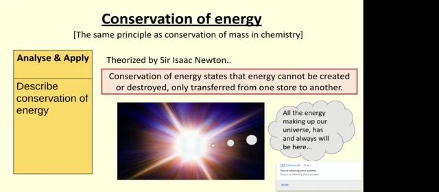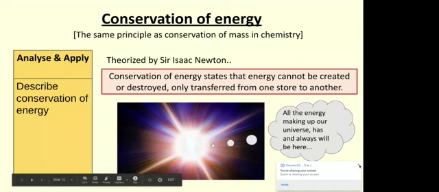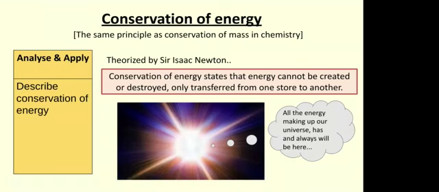The amazing thing about this, the thing that I love about this, is that what this means is that all the energy that makes up our universe, everything that we see interacting with each other around us today, in the past, in the future, will and has always been here.